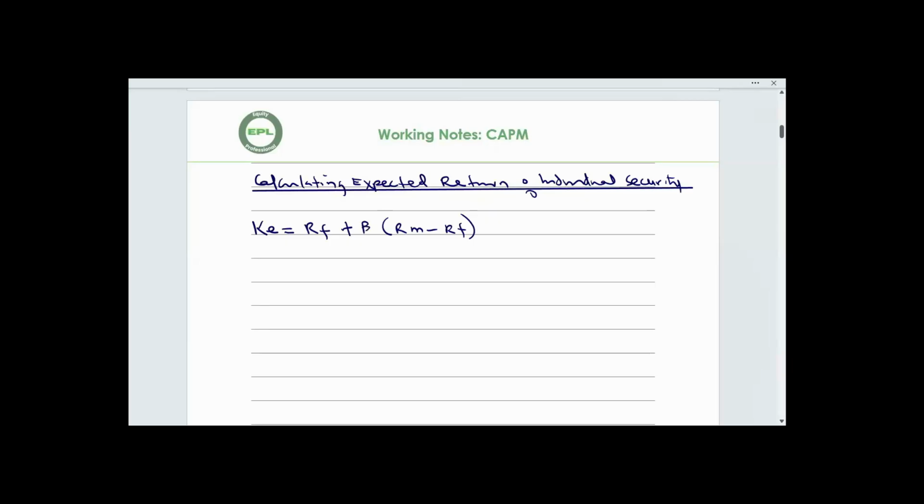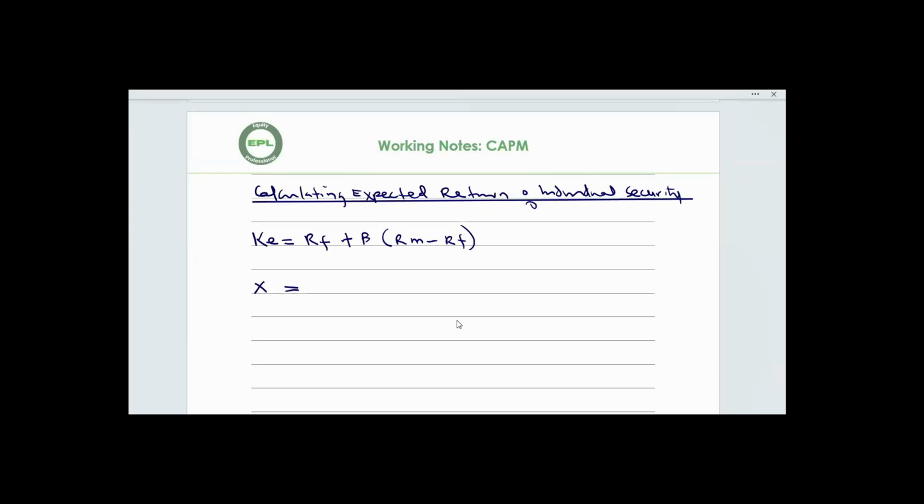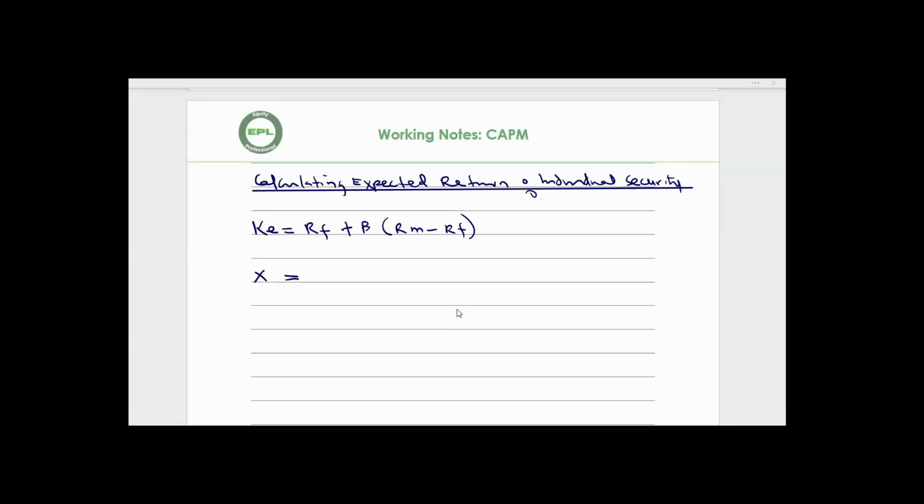You're already familiar with this. Therefore, I will do it for security X. According to the question, what's the risk-free rate of return? We are told in the question that we are not given the risk-free rate of return, but the examiner told us that the return of the market is 20%, and you're also given the risk premium to be 5%.